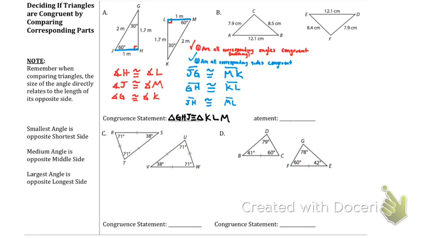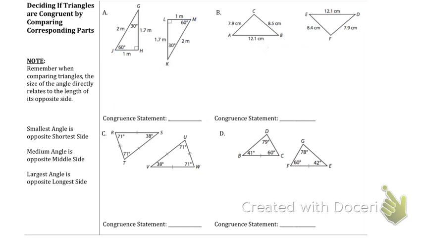So we're going to quickly explain example B. I'm going to erase all this, so get it down, and we'll talk about example B. In example B, what you'll notice is a couple things. First and foremost, we don't know anything about angles. We can match them.